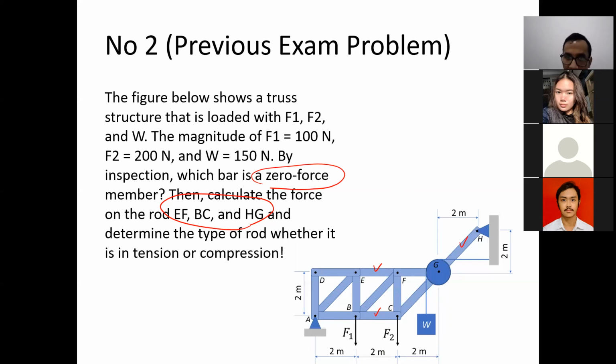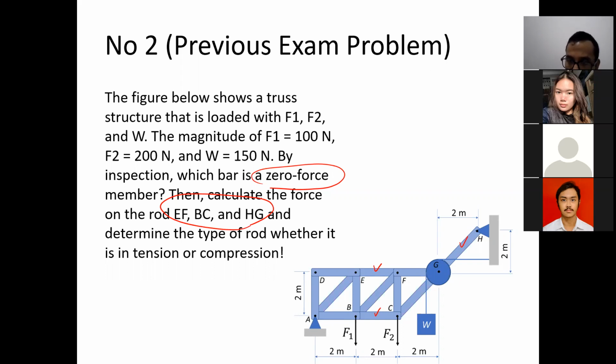Okay, Alberto, for your case, I need your help to do the first question: determine which one is the zero force member without calculating, just by inspection. Remember, we have two rules for zero force member, right?